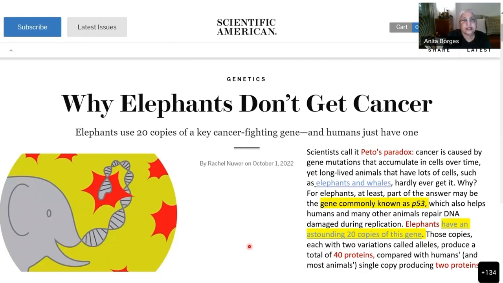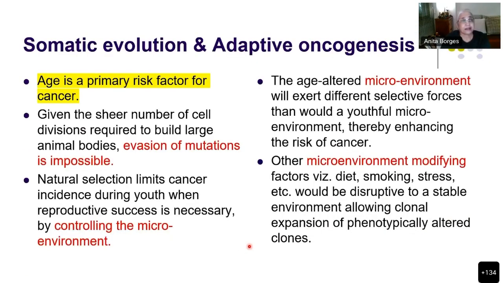All right. Now that brings us to age. And now that we've talked about the environment, you will understand why age is the primary risk factor for cancer. We don't get cancers at young ages, except when you have hereditary genetic problems in your genome, because natural selection controls the microenvironment.